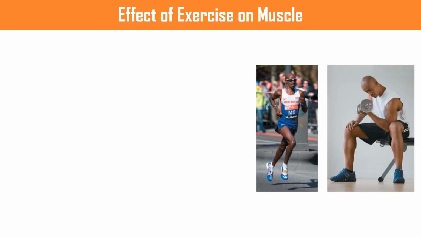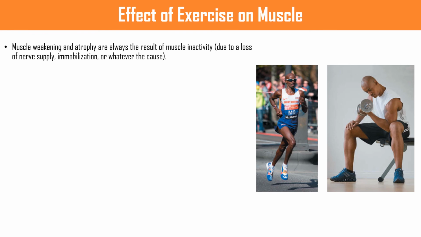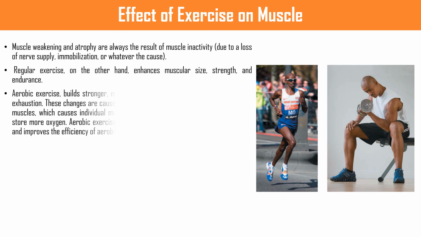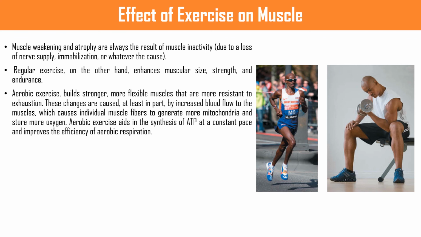Effects of exercise on muscle. Muscle weakening and atrophy are always the result of muscle inactivity due to the loss of nerve supply, immobilization, or whatever the cause. Regular exercise, on the other hand, enhances muscular size, strength, and endurance. Aerobic exercise builds stronger, more flexible muscles that are more resistant to exhaustion.